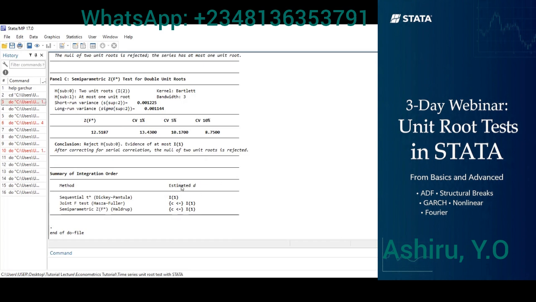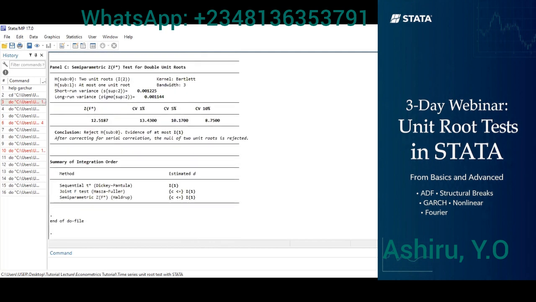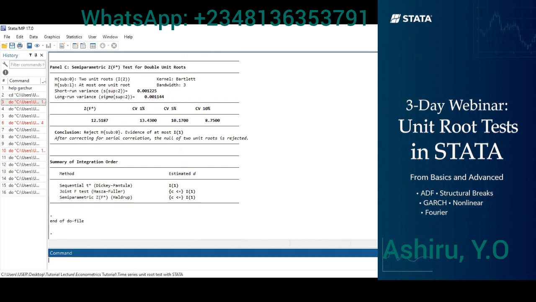The difference between this test and the ADF and PP tests is that this one starts from the highest order of integration, that is the third order of integration. That is extreme, and it moves down to the lowest order of integration. That is what this one does. Hope that is clear, right? Yes. Okay.